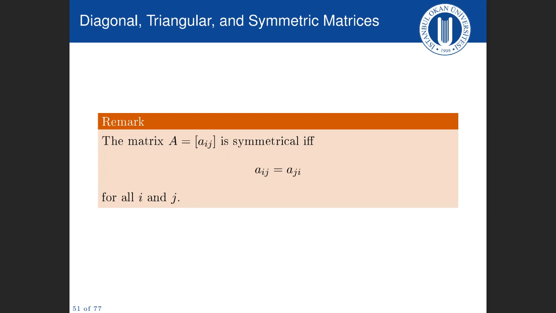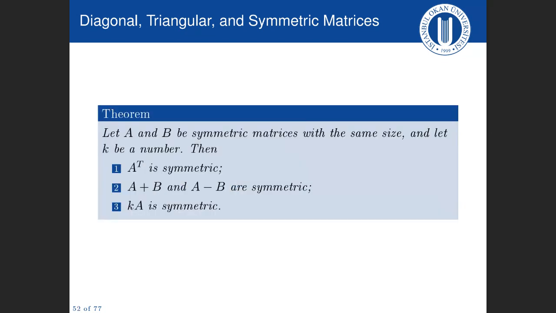In terms of the entries, the matrix capital A is symmetric if and only if a_ij is equal to a_ji for all i and j. Let A and B be symmetric matrices of the same size.